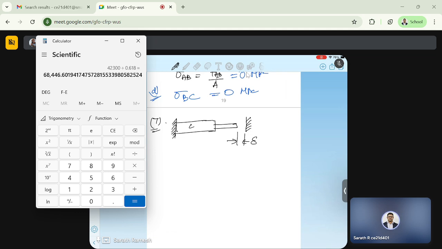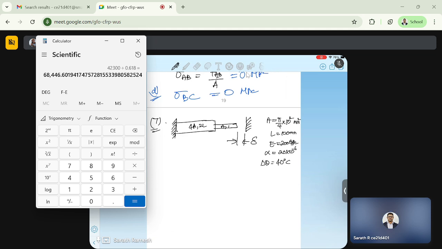Same, this is 4a and this is 2l and this is a, this is l. A is pi by 4 into 10 square, L is 100 mm square, and E is 200 gigapascal. Alpha is 20 into 10 power minus 6, and delta theta is the same, 40 degrees Celsius. Fine.